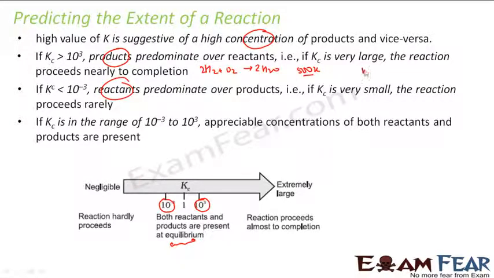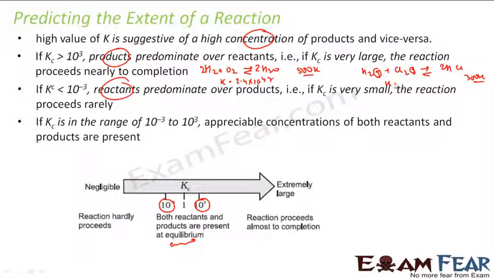Or you can have hydrogen gas plus chlorine gas. If you react to give 2HCl, both are in equilibrium actually, so I'll put the sign. But most of the hydrogen and chlorine gas react to form HCl, right? And this happens at 300 Kelvin. So for this reaction, my K is 2.4 into 10 to the power 47.